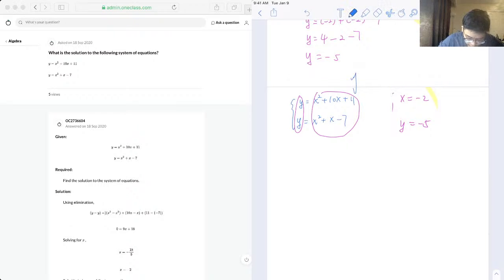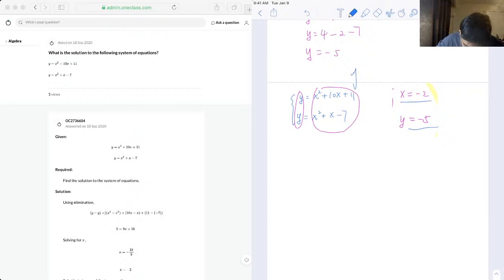Now we can substitute x is equal to negative 2 and y is equal to negative 5 back into the equations to see if the left-hand side is equal to the right-hand side or not.